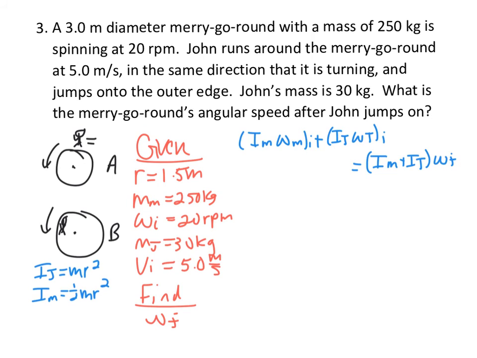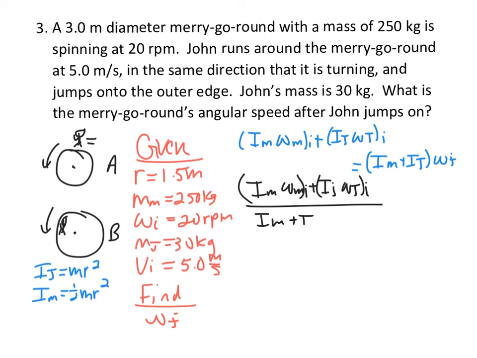Okay, so just rearranging this, we have moment of inertia for the merry-go-round, omega merry-go-round, plus, this is initial, plus moment of inertia for John, omega John, initial, over each of their moment of inertias added together equals omega final.